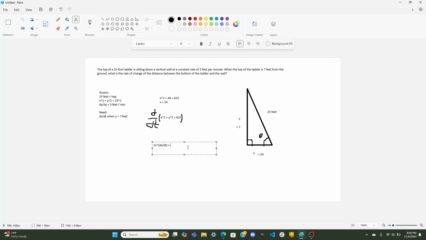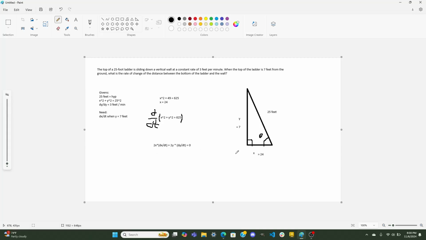Sorry, let me just make this a little bigger. Plus our 2y times dy over dt equals 0. And it's 0 because you can't find a derivative of a whole number, since it's just a point on the graph. It has no slope, it has no differentiation.